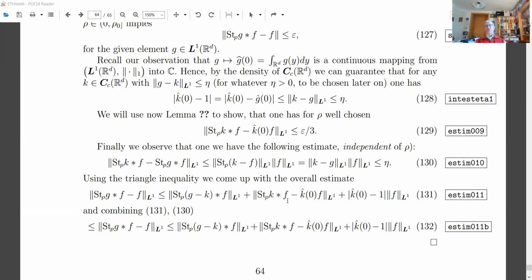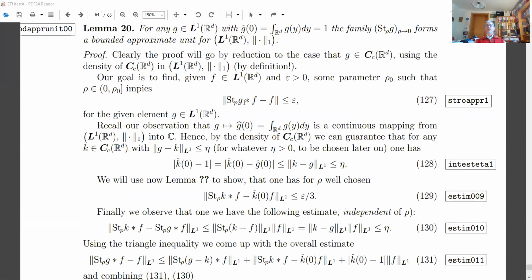But this term is controllable by elementary ways, and this is the correction term. And so at the end, I think I was making the assumption that the L1 norm of f can be assumed to be 1, that I get 2 eta plus epsilon over 3, and so altogether I can make it smaller than epsilon.